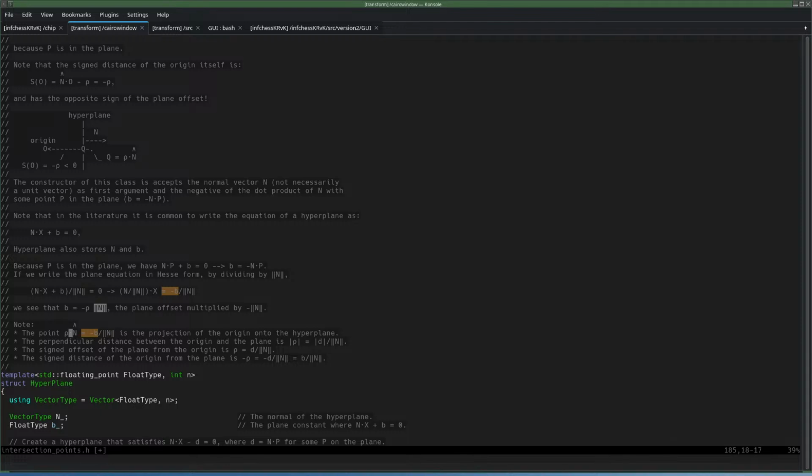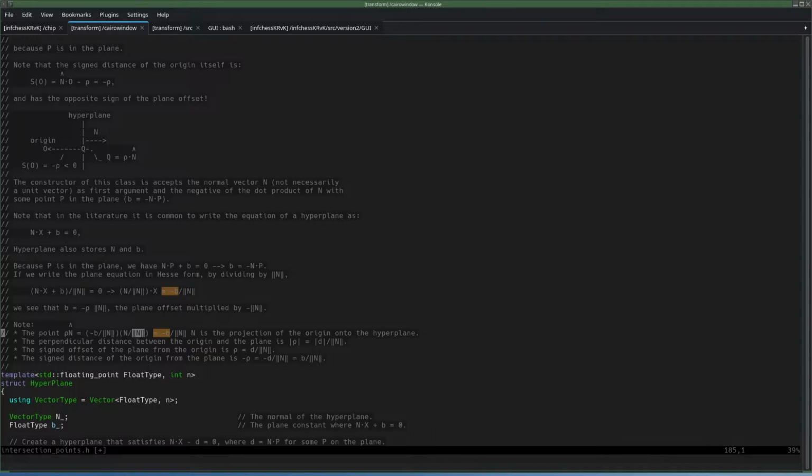Let's not use the dot here. And a square there.